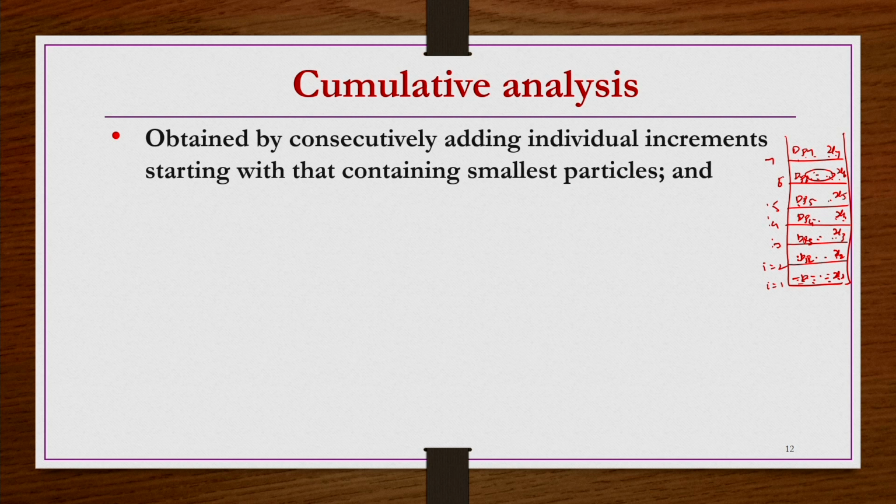So, this cumulative analysis is actually of two types, cumulative oversize and undersize. Undersize we will take first, dp7 first in the column here. So, how do you find the cumulative fraction against dp7?